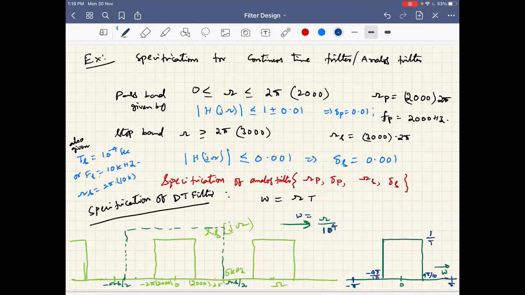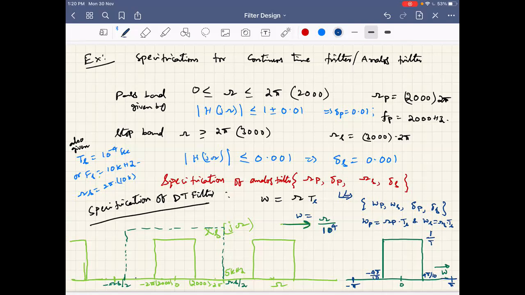So now, given this transformation, what are the specifications in the discrete frequency domain? This implies simply omega_p, omega_s, and the attenuations don't change because they are modulated by the same amount, so we write delta_p and delta_s. Here omega_p is equal to capital omega_p into T, and similarly omega_s is equal to capital omega_s into T. So the sampling period or frequency determines the transformation from the specifications of the analog filter to the digital filter.